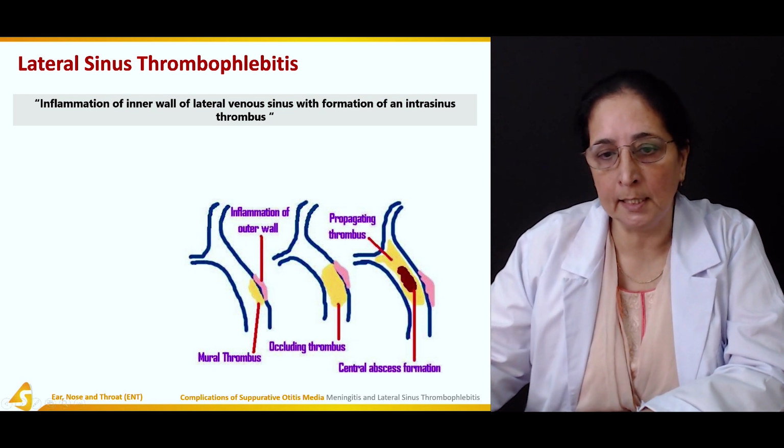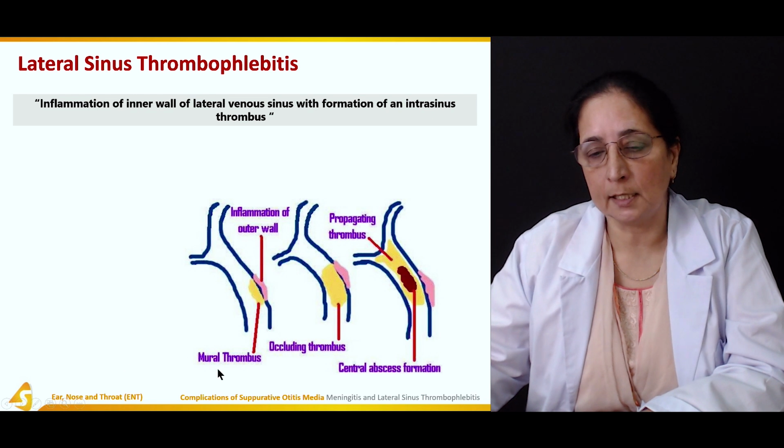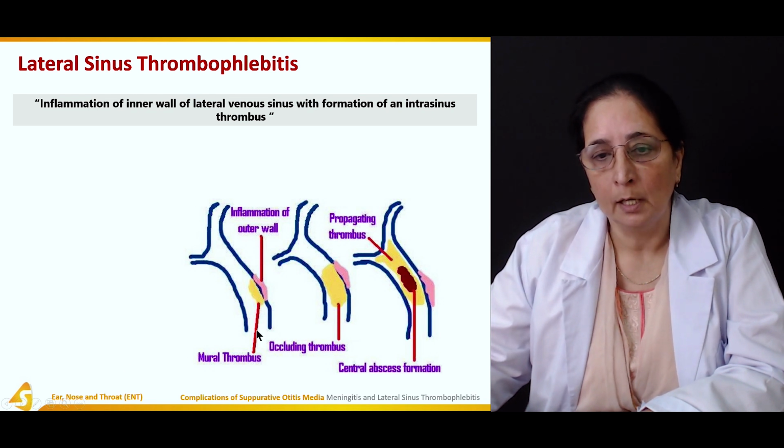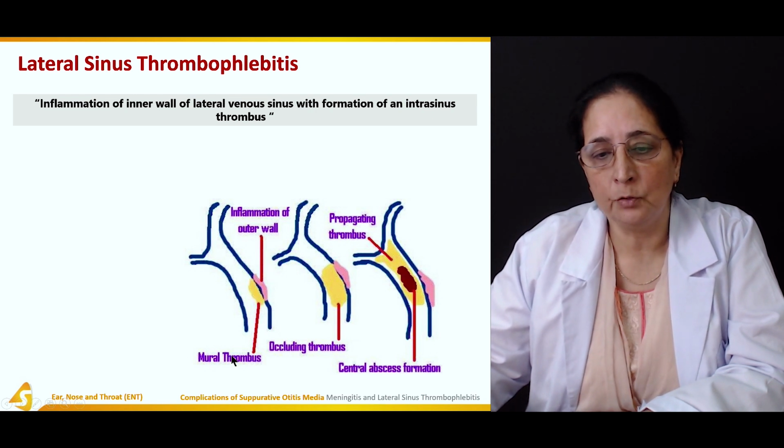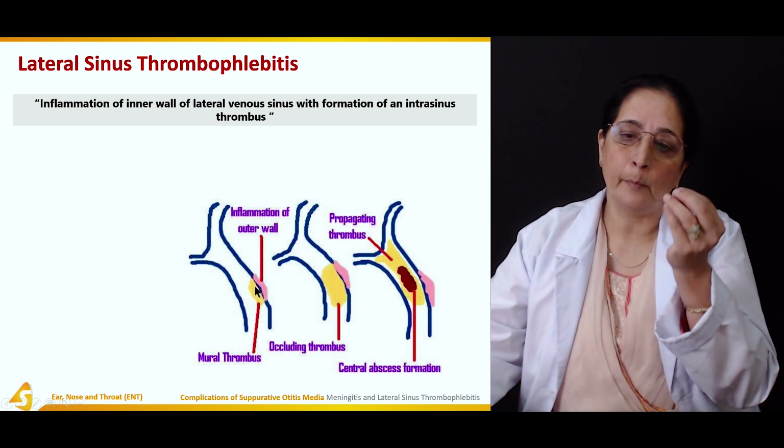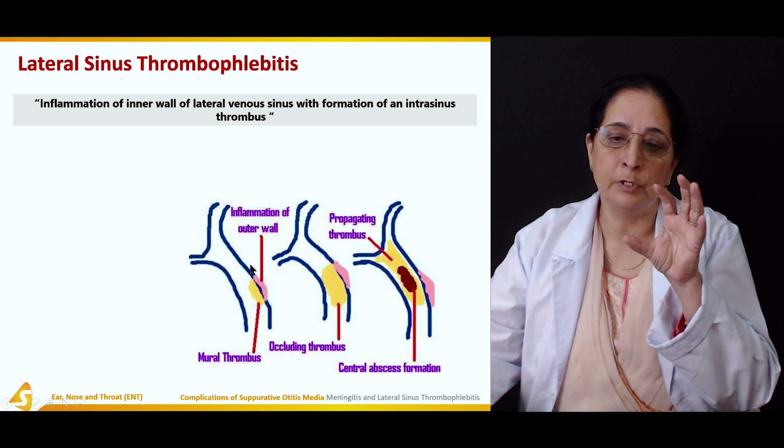Here you can see the different stages. This is the mural thrombus. Inflammation of the vein wall leads to formation of a mural thrombus, which is small and attached to the wall.